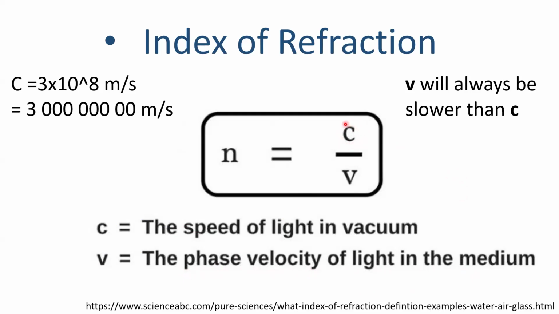Here is our reference, that's the speed of light. And this is the speed of light in whatever medium we have. So if we are pushing the light through water, the index of refraction is going to be the speed of light over the speed of the light in the water. And since anything other than vacuum is going to slow the light down, this speed is always going to be slower than the speed of light in the vacuum.